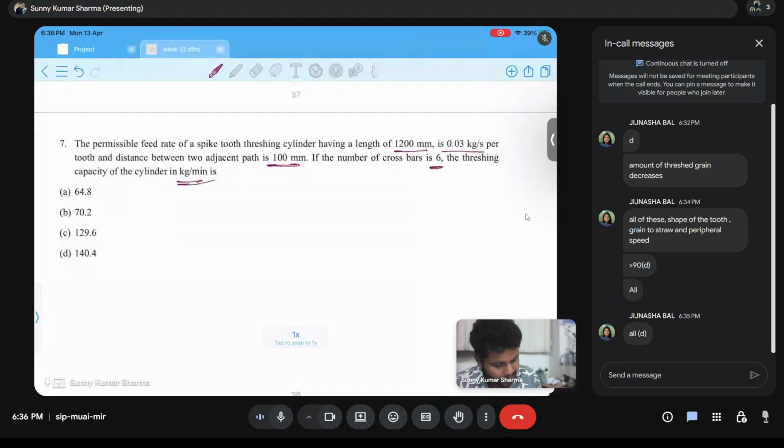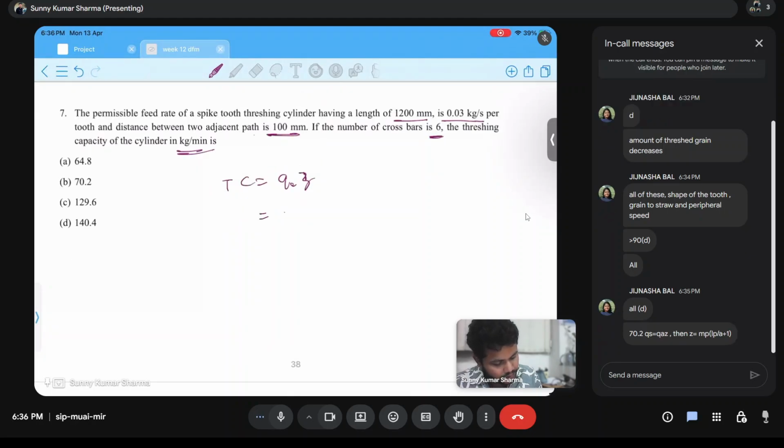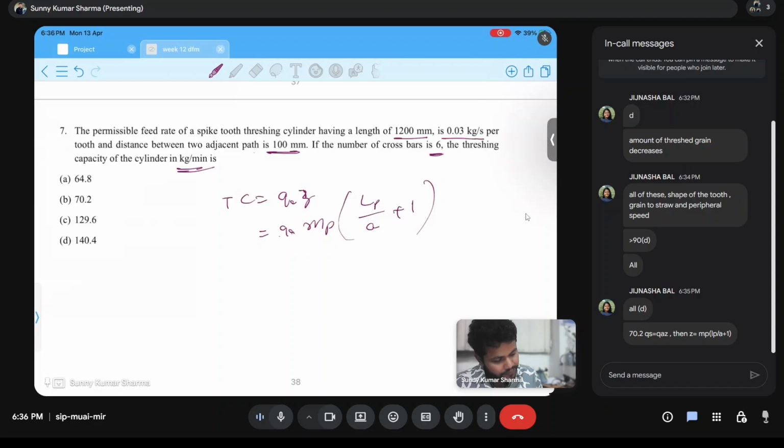So we have just now discussed that threshing capacity is equal to QA into Z, and Z is equal to MP into LP by A plus 1. So QA is the allowable feed rate, which is 0.03 kg per second per tooth.